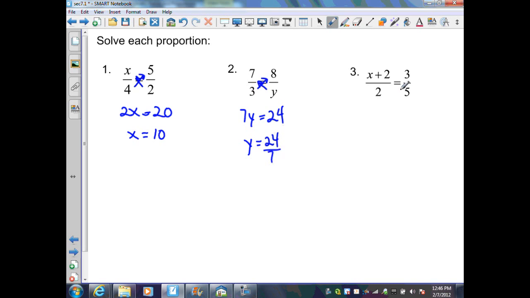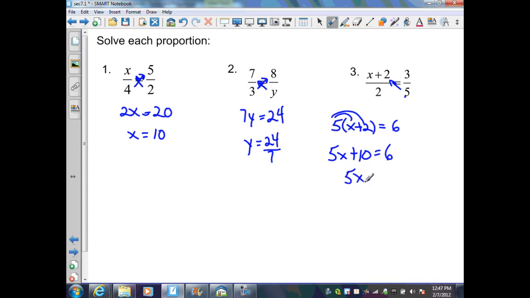Next, I'm going to get 5 times x plus 2. Here I'm going to write this to make sure that we do this the right way. That is 5 times the quantity of x plus 2 equals 6. In other words, I just don't take 5 times x, I must distribute that quantity. Therefore, that's 5x plus 10 equals 6.